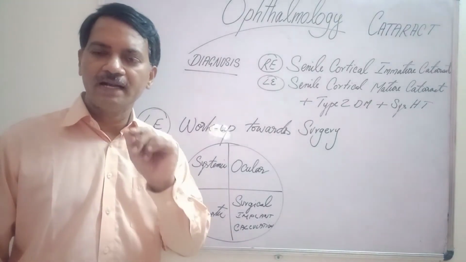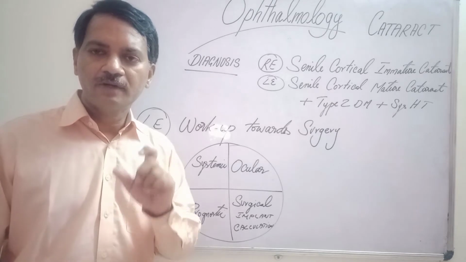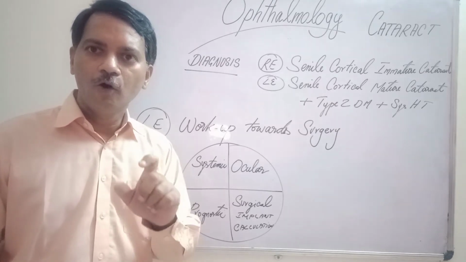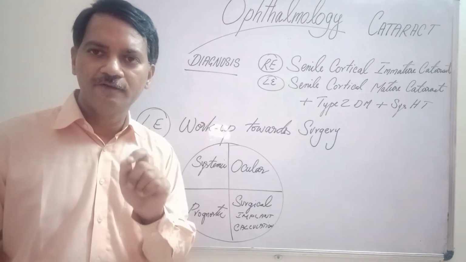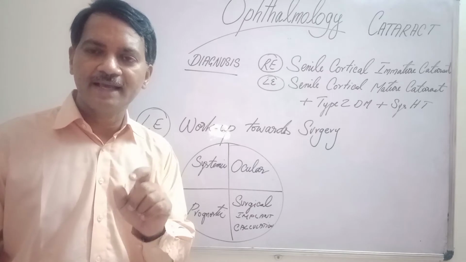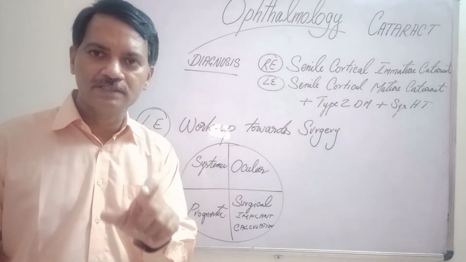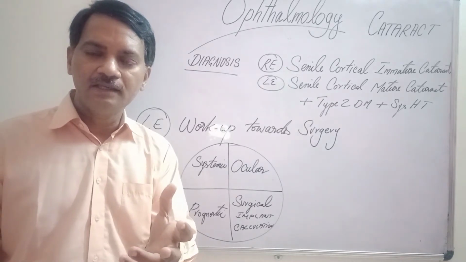If you want to implant something into the patient's body, we have to calculate how much measurement the implant should have. Only then can you place an exact implant in the patient's body, or the eye, to get back the function to normal levels.